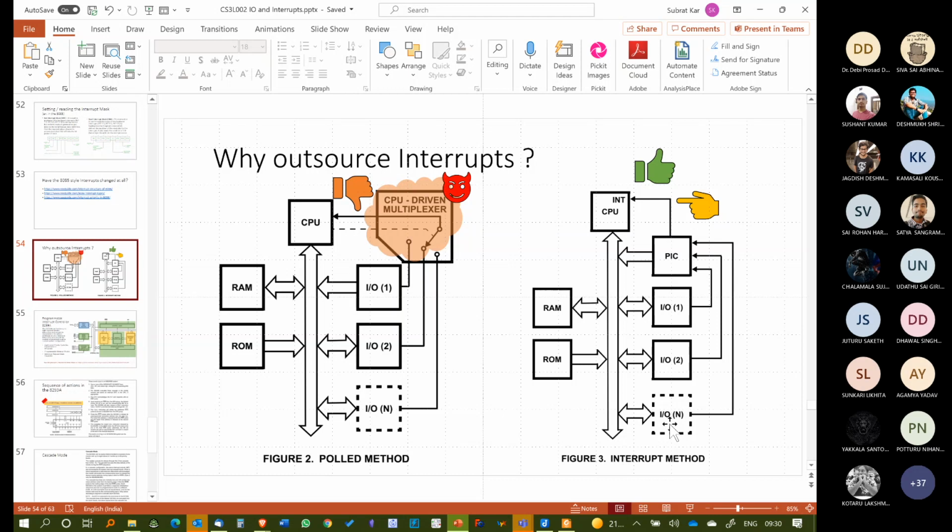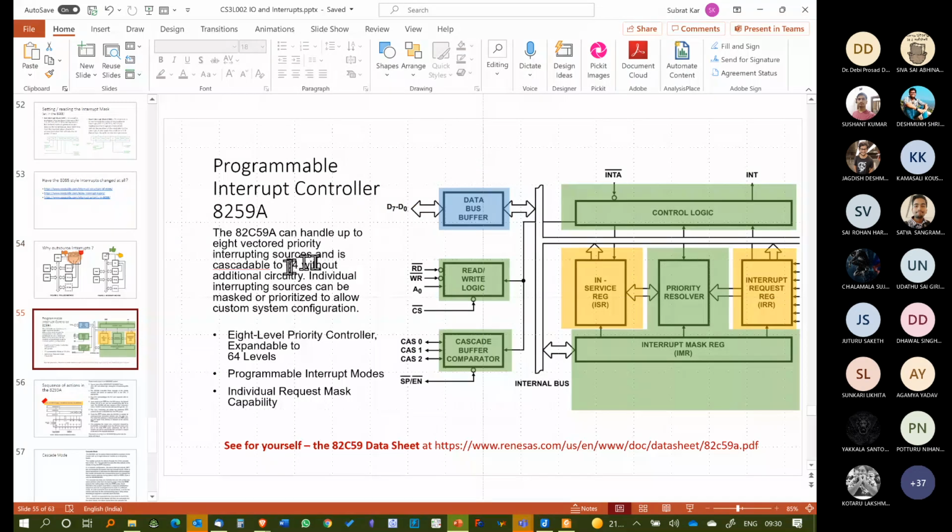So in all, you can have 8 contractors into 8 workers each, is 64 workers. So that's what is being said here, that you can actually connect a PIC to another PIC, right? And there is a very nice hardware construct out here called Cascade 0, Cascade 1, and Cascade 2, which allows this to happen.